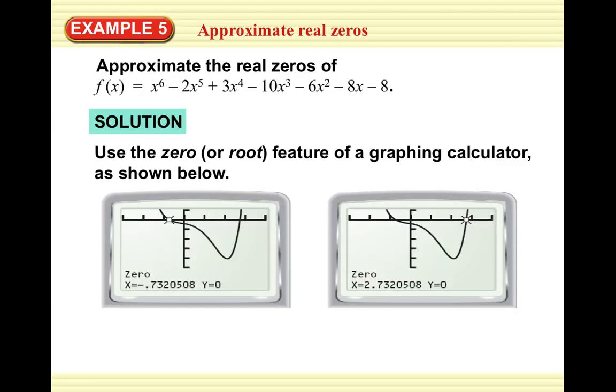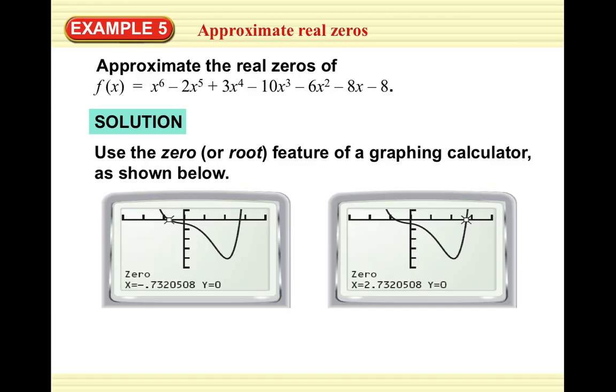All right, when we plug it into the calculator, we see this funny looking graph. And I can see that I had 2 real solutions, 1 negative and 1 positive, which was the final possibility in my answers on the Descartes rule of signs.